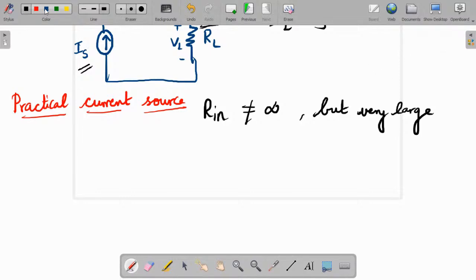So how do we have to connect? Always, network elements are connected in series with a voltage source, but for a current source they must be connected in parallel. So if this is your current source IS, we will connect the internal resistance in parallel with the current source. Then comes our load resistor.